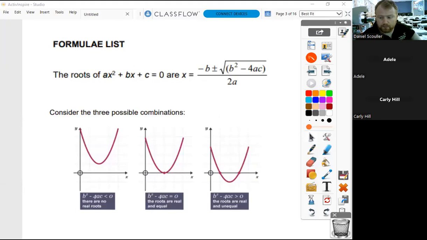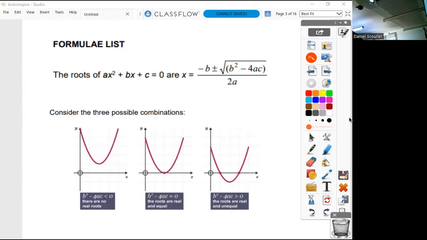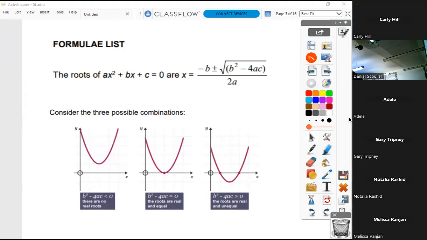Out of my way. Super. Okay, everyone see my screen okay? You can see me. See what I look like. Yeah, we'll go with that.